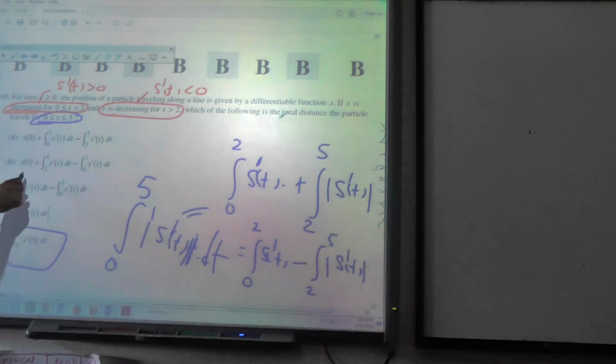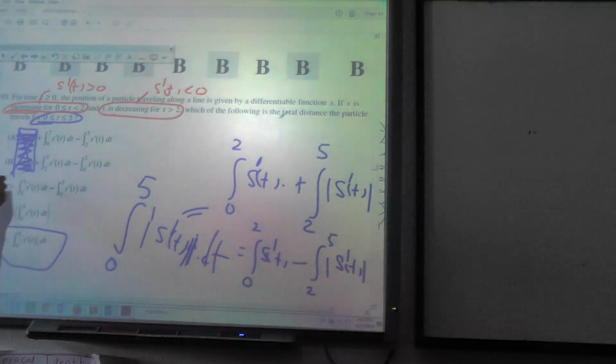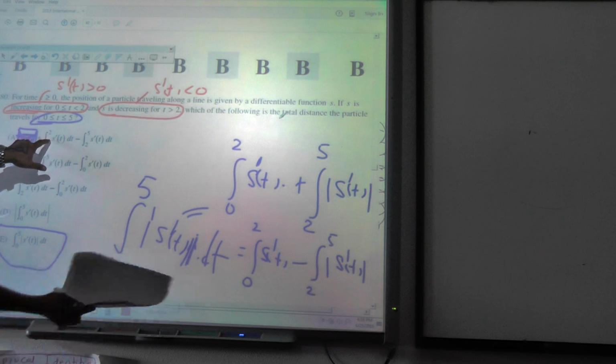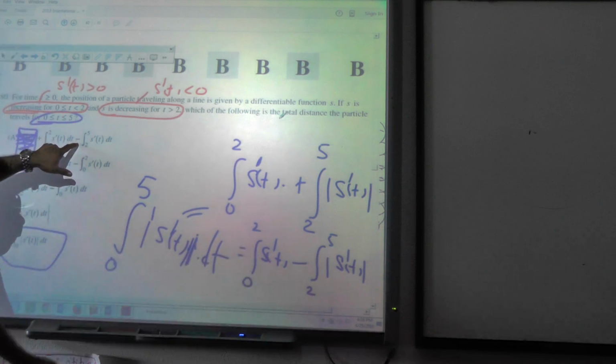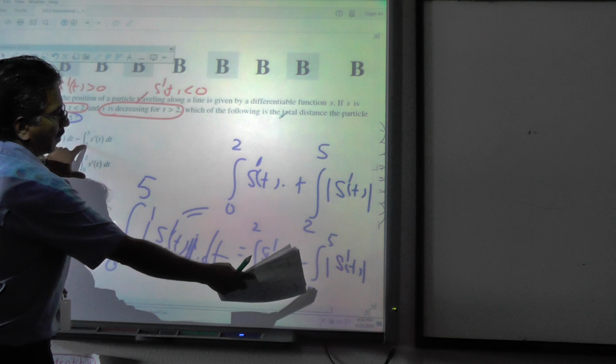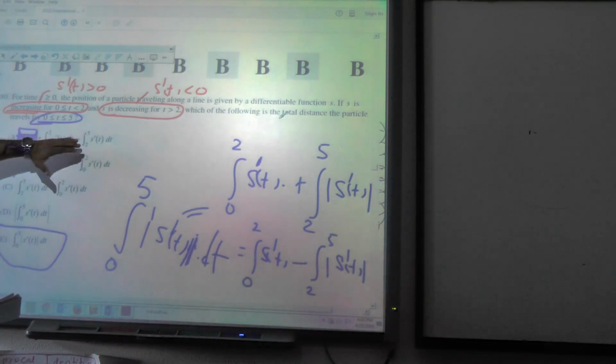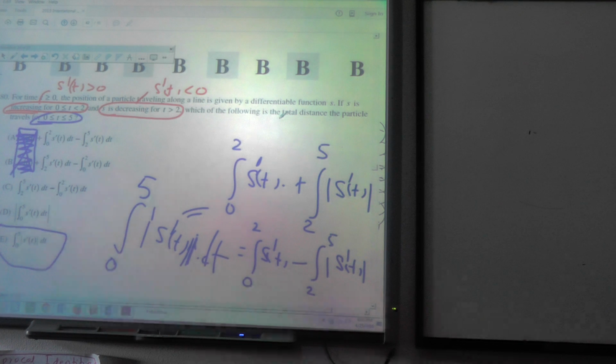He doesn't tell you anything in the beginning about how far the particle is, so this is not an option at all. But instead of this, they could have given you 0 to 2 the way I wrote here, and minus 2 to 5. If that was the case, then this could also be right. So take note of that. Confusing? I hope you understand.